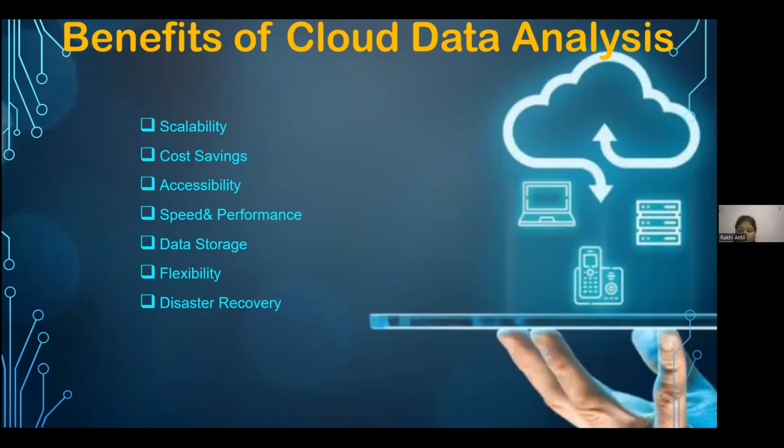Second is cost saving. You can avoid upfront costs for purchasing and maintaining on-premises hardware, and only pay for the resources you use. Third is accessibility. Cloud data analysis can be accessed from anywhere with an internet connection.